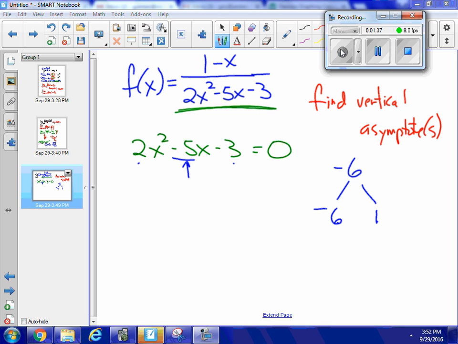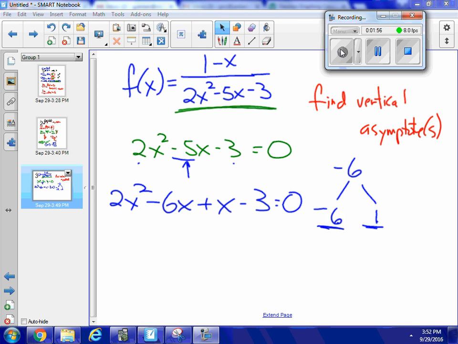So I'm going to rewrite my quadratic as 2x squared minus 6x, that's this 6 right here, plus x, that's that 1 right there, minus 3 equals 0. All I have done here is take my negative 5x and divide it into two terms, positive x and a negative 6x. Now I'm going to group these.